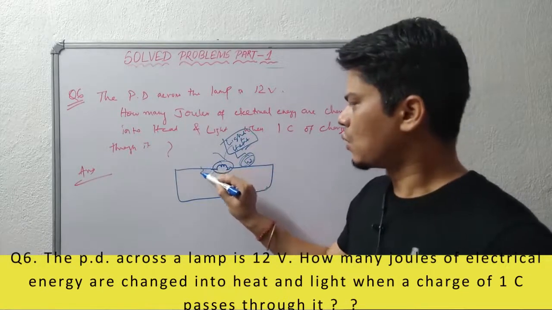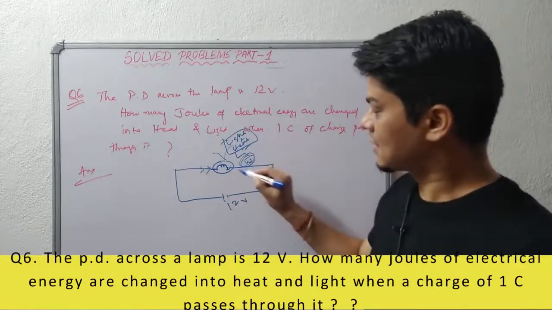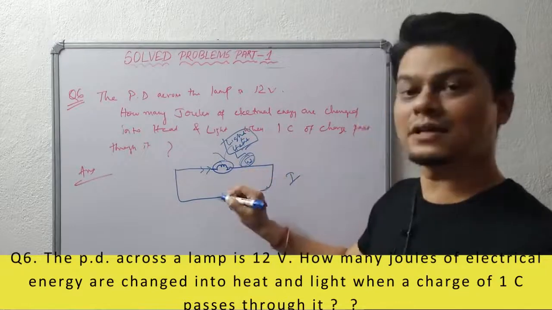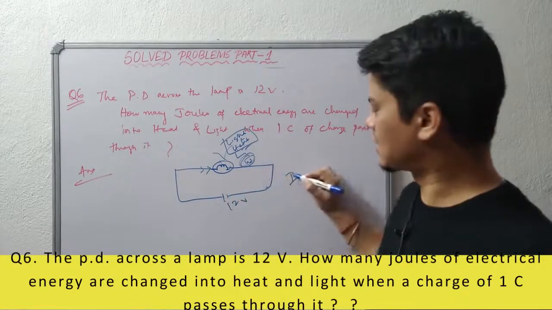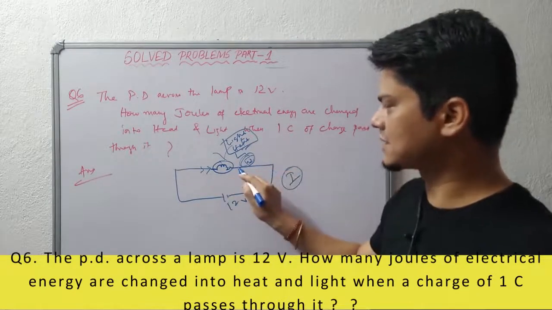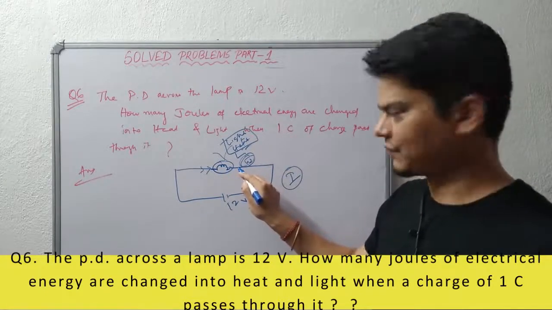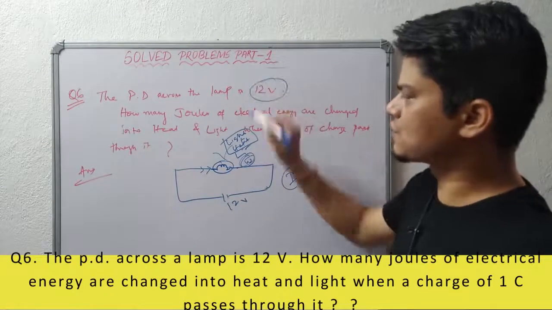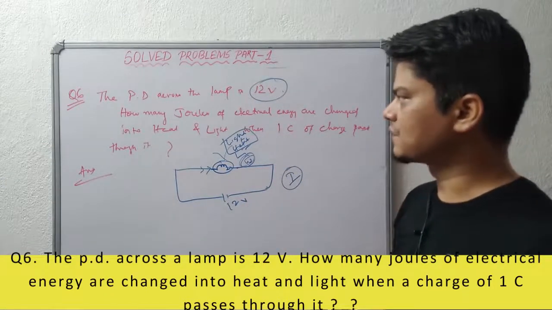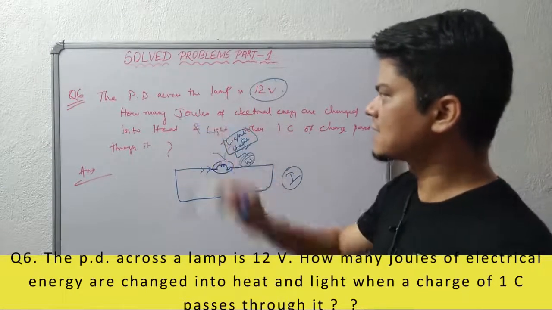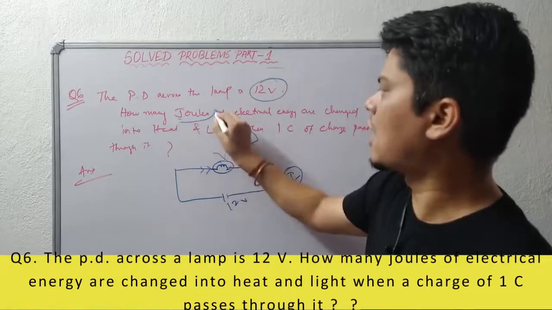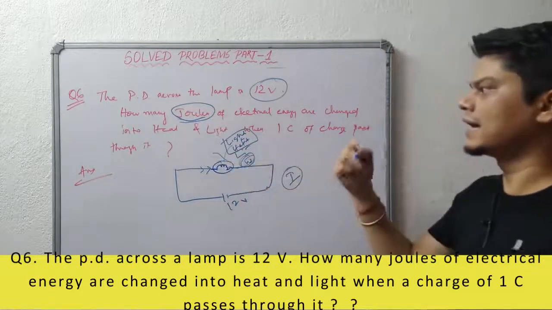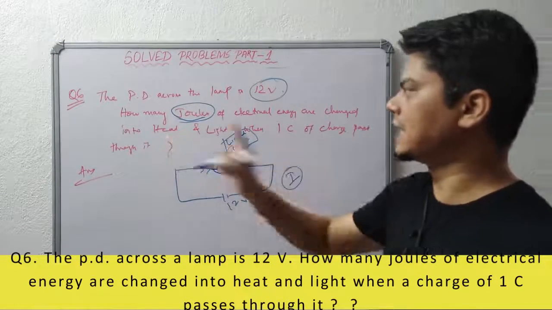That means indirectly the current flowing through it does that work. The current I flowing across this lamp does that work. Now, if 12 volt is given as the potential difference, it has been asked how many joules of work done or energy is changed to heat and light.